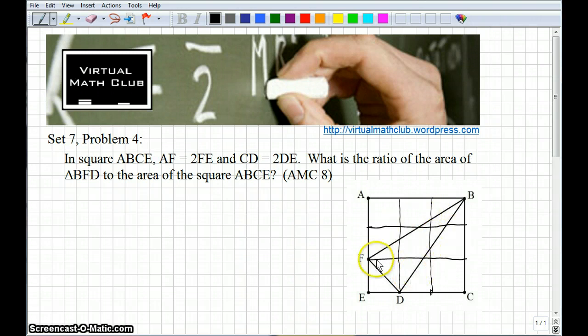Okay, so now impose the grid on this, and if I drew all of these lines parallel to each other, all these squares would be congruent in this grid. Because this is 1/3, 1/3, 1/3 of this side of the square, and this distance is 1/3, 1/3, 1/3 of this side of the square.